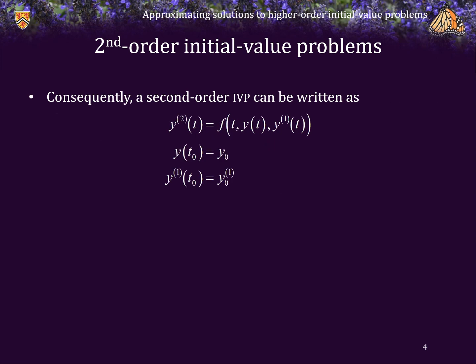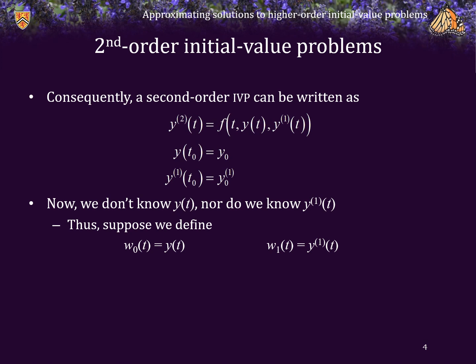Consequently, we can take any second order initial value problem and write the ODE in the form: the second derivative of y is some function in t, y of t, and the derivative of y at t. We also have the two initial conditions, which are required. Now, we don't know what y of t is, and we don't know what its derivative is. Let's assume that these are two different functions we're trying to solve for.